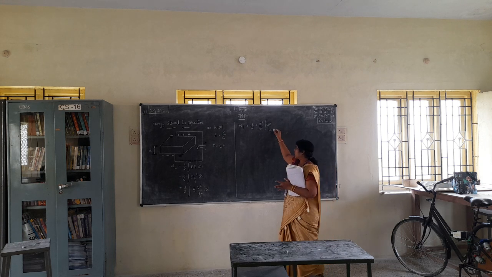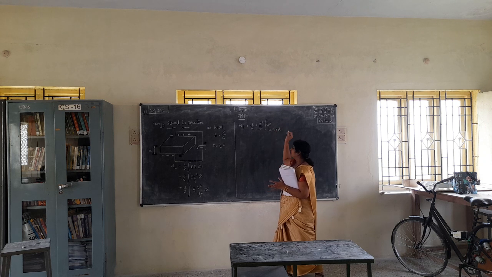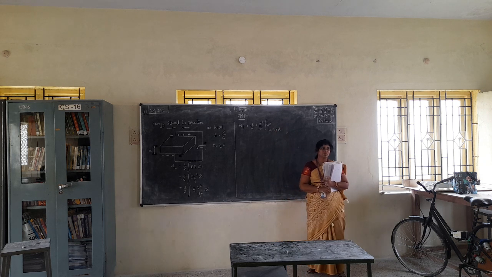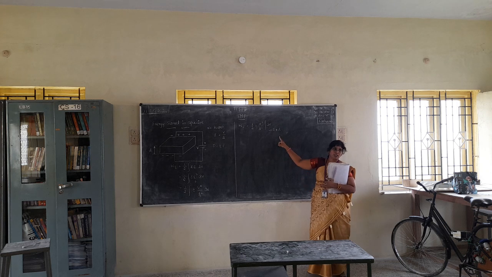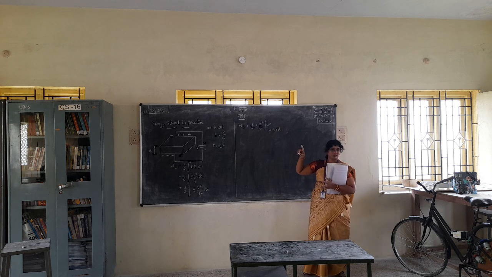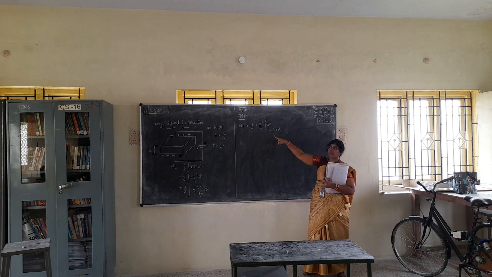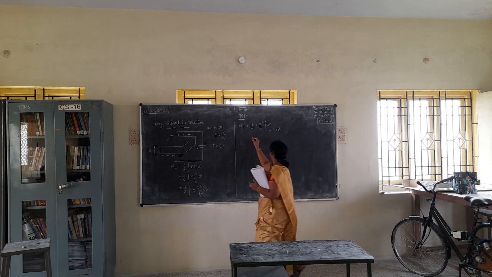So this can be rewritten as A into D. A stands for area, surface area, length into breadth. Height here is taken as D. So A into D is substituted.